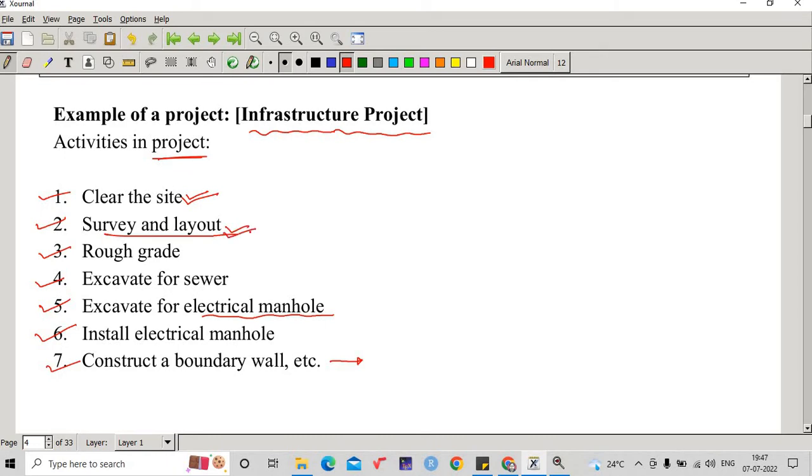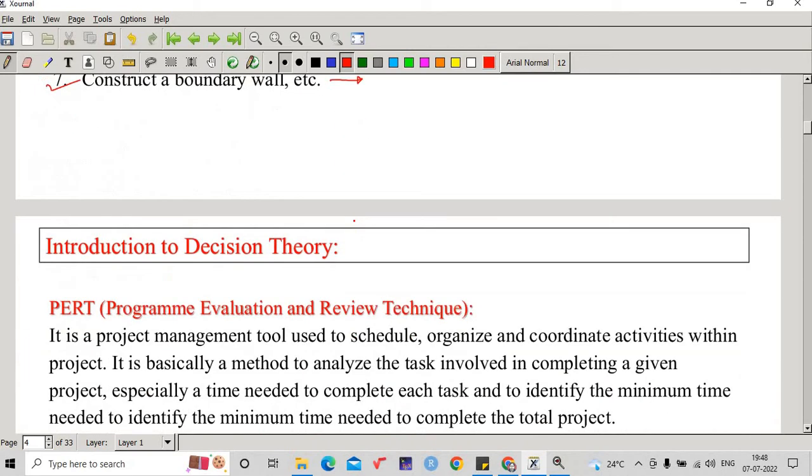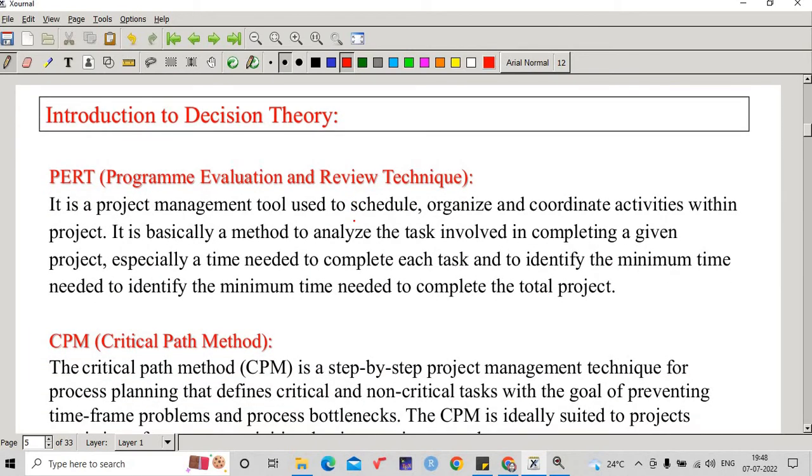This essential activity we are further going to name a critical activity, because without completion of the activity I cannot proceed to the next activity and further succeeding activities as well. So it is very important to define the activities in the project and their importance at each step, and according to that we have to impose time management. Slowly and steadily we'll try to understand all of these concepts under project management and the networking problem.